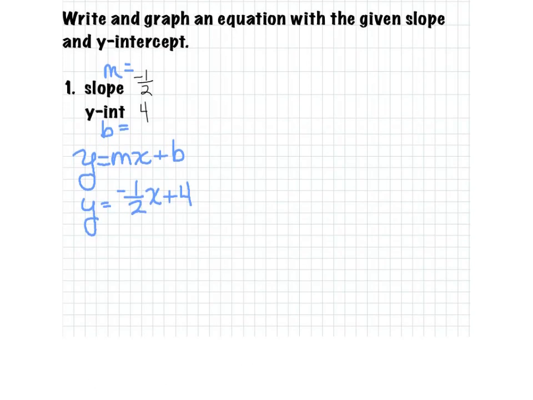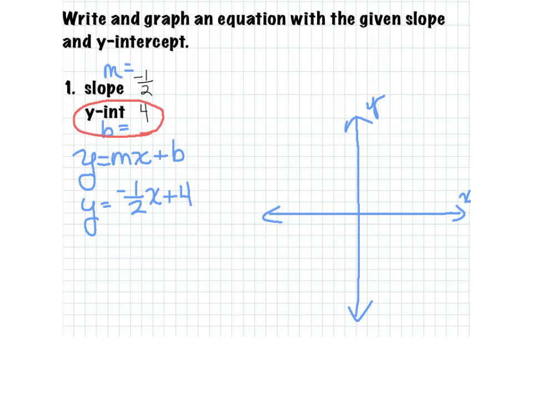Okay, so to graph it, the first thing you're going to do is plan your graph. So here's my x-axis, here's my y-axis. Graph your y-intercept. That's going to be first. That point is at +4 on the y-axis.